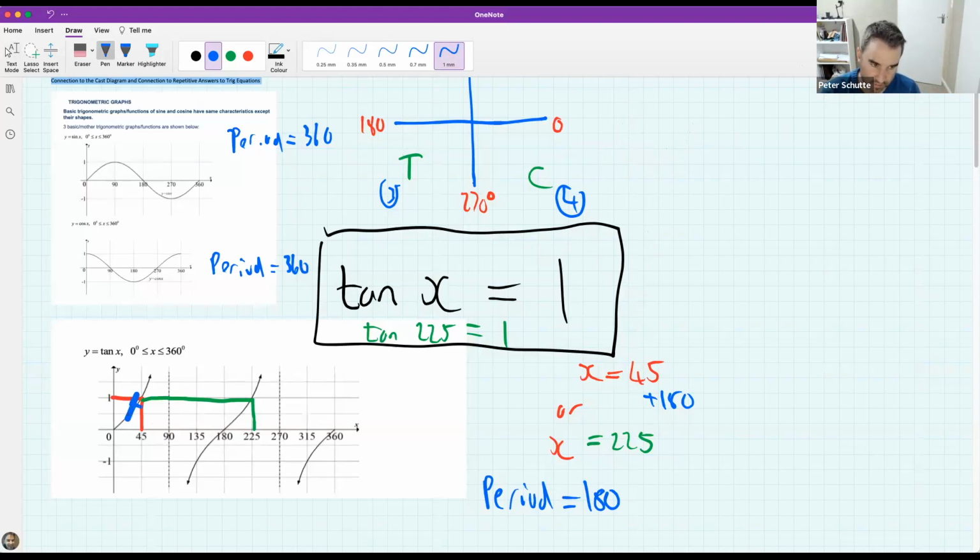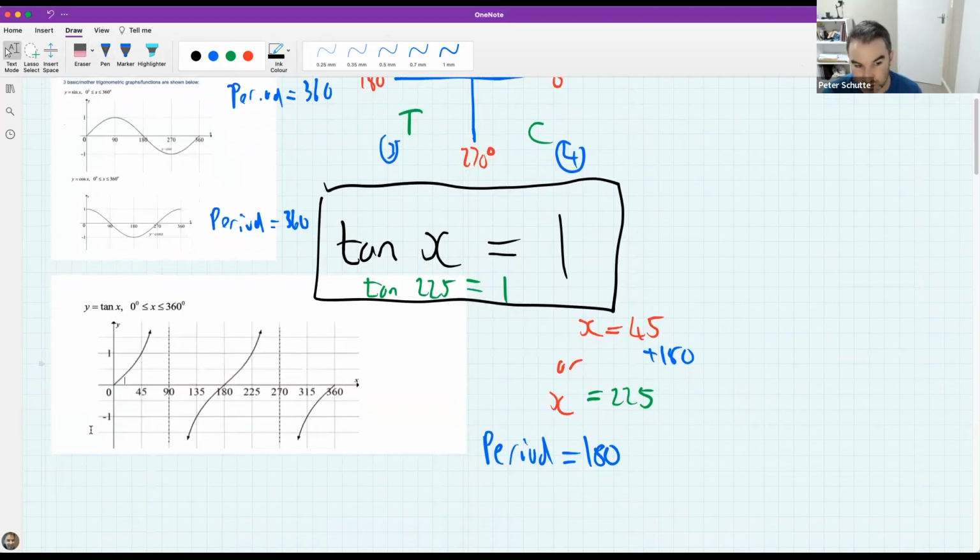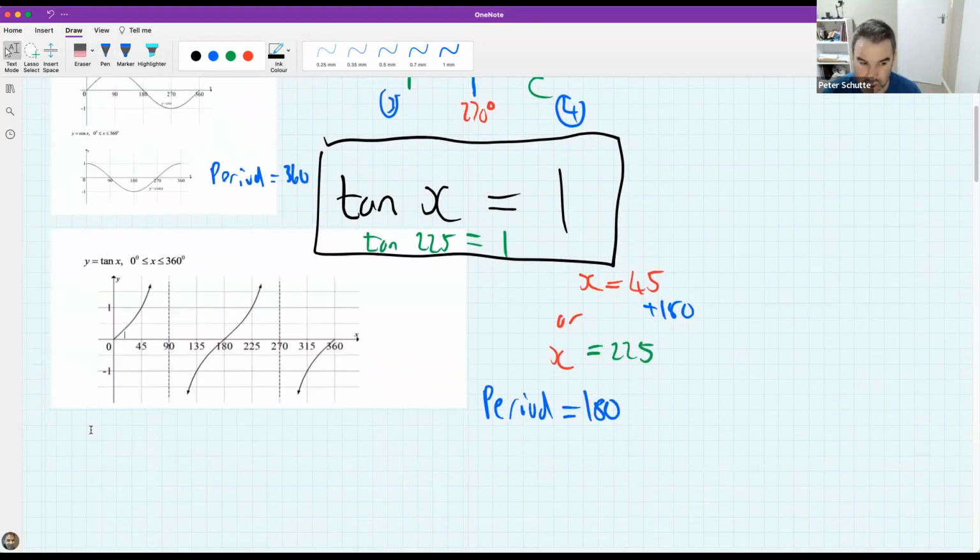The basic reason is that the tan graph is made up of the sine and the cos graph, and that gives it this funky shape. But if you want to just observe it, can you see that the graph repeats itself entirely every 180 degrees? If you go from 90 to 270, that's one whole tan graph. And then the next whole tan graph is the next 180 degrees.